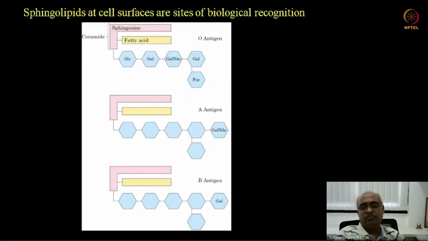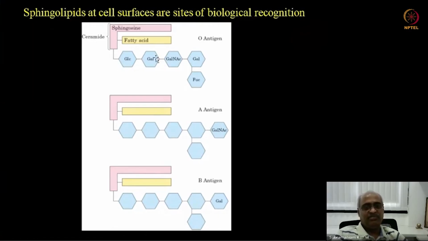So now an important aspect of sphingolipids is shown in this slide: our blood groups. Okay. So given that this will be the tail in the membrane and this will be on the surface, the head group, this is polar.